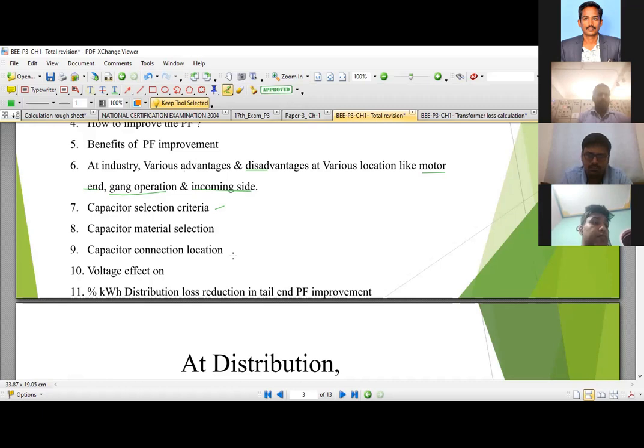That is one formula available. Here I will write it. How much kVAR is produced?